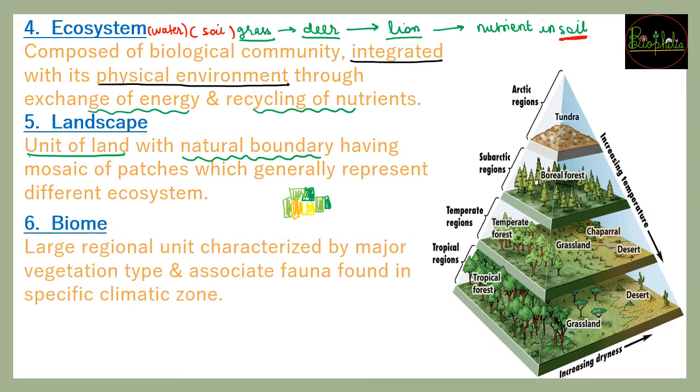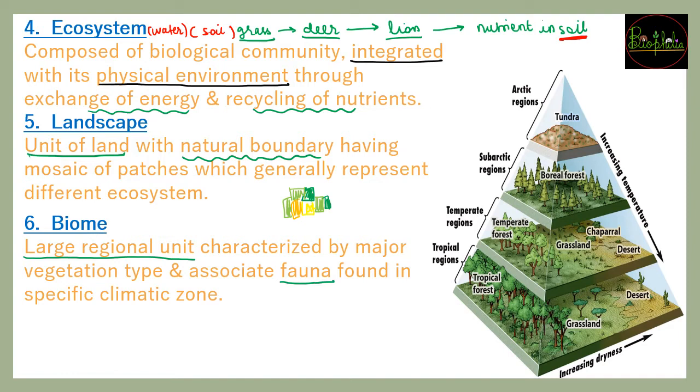Then the next term you see is a biome. Biome is going to be a very large regional unit which is going to have a major type of vegetation. और जब vegetation change होगा यानी the flora is going to change. Similarly जब plants change होंगे, even the animals living on the plants, that is fauna, is also going to change.